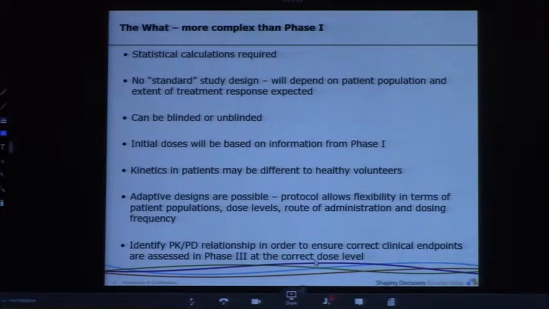So it looks like a really simple point, but it's actually very critical, but can be quite complex to actually do, and often very difficult in the biologic space where you may be dealing with needing to do loading doses and then maintenance doses, and so it is quite a technically challenging thing.